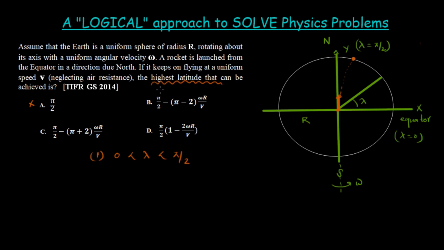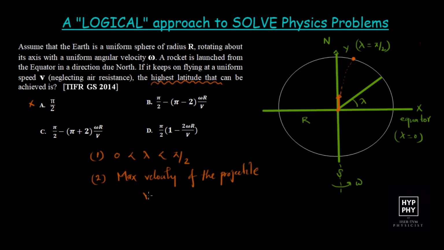Next, as we have already mentioned, the latitude is between 0 and pi by 2. We can check what all the options give for a particular velocity. For that, let's assume the maximum velocity of the projectile to be r omega.